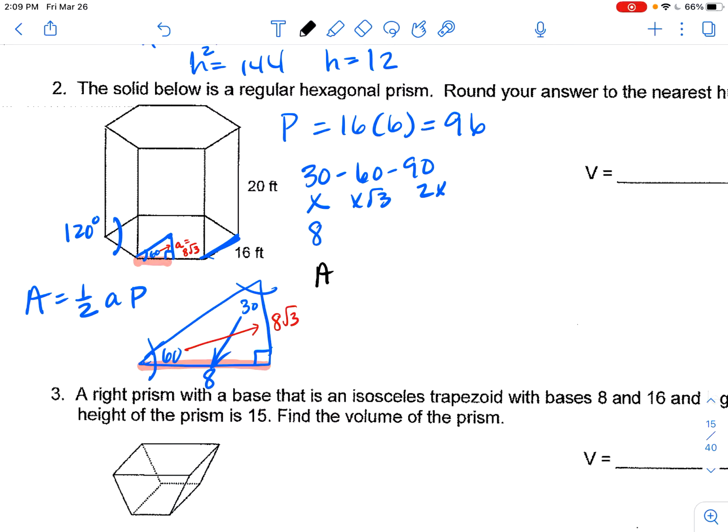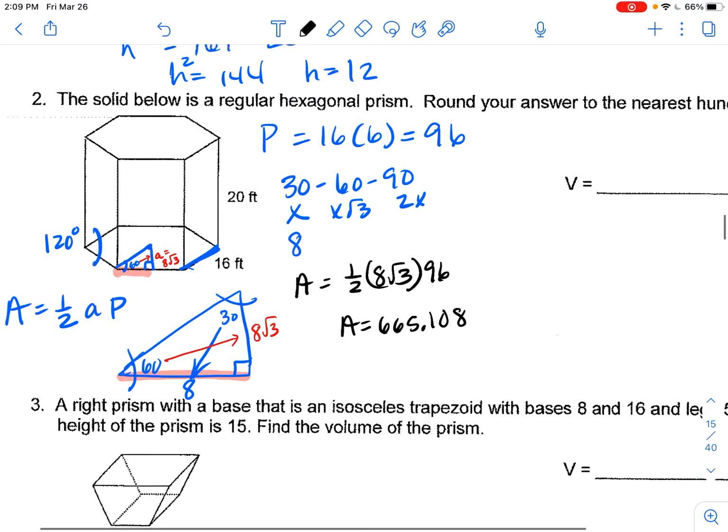So I have my area is 1/2 the apothem times the perimeter. When we plug that into our calculator, 8 root 3 times 96 is 665.108.